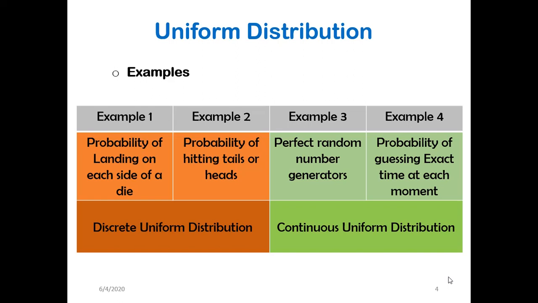So such outcomes in which the likelihood of happening is the same form a probability distribution which is known as a uniform distribution.